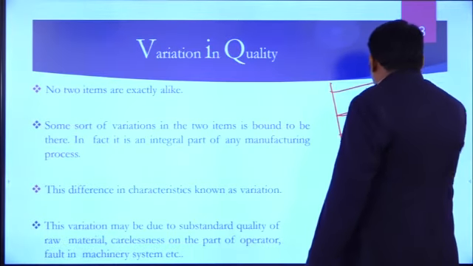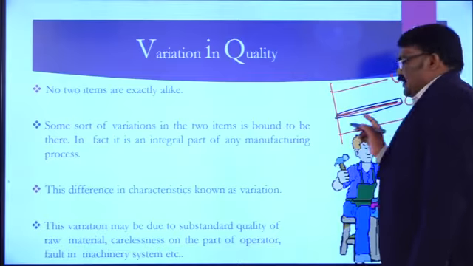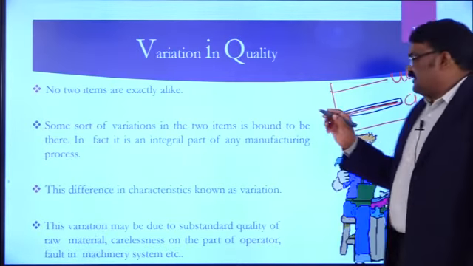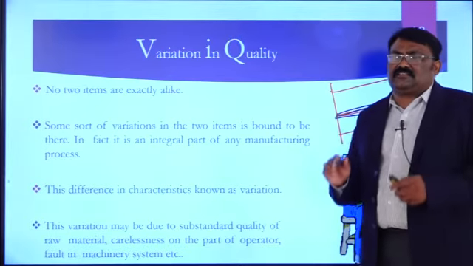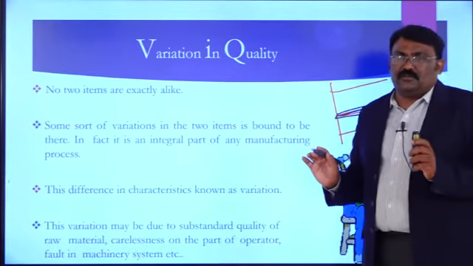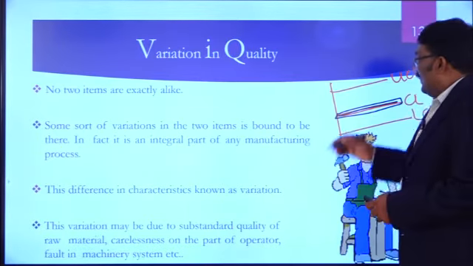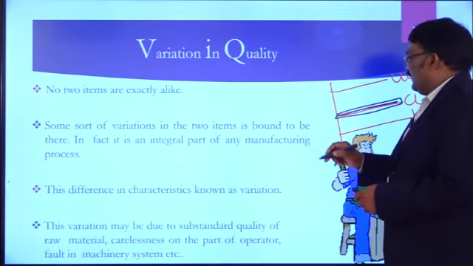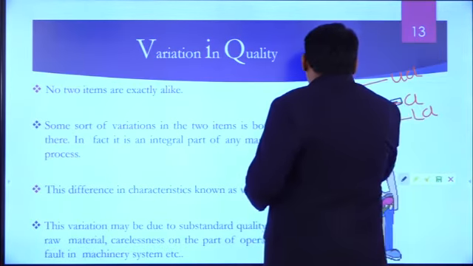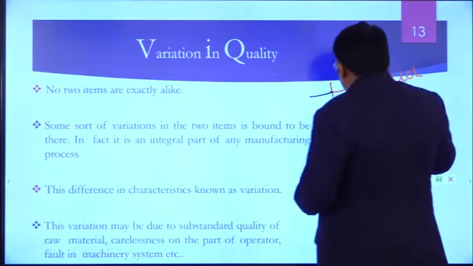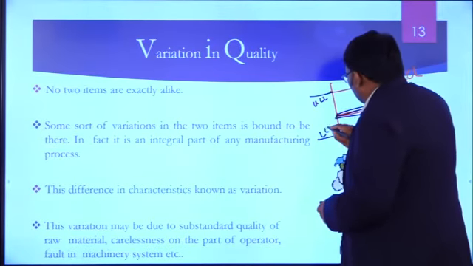Always producing the product exactly at the central limit, with the exact quality required, is very difficult and not possible. There will be a deviation in quality. Now, the deviation of quality also has to be limited: on the higher side by what is called the upper control limit, and on the lower side by the lower control limit.